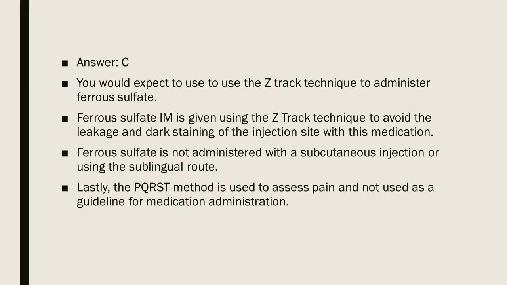Ferrous sulfate IM is given using the Z-track technique to avoid the leakage and dark staining of the injection site with this medication. Ferrous sulfate is not administered with a subcutaneous injection or using the sublingual route. Lastly, the PQRST method is used to assess pain and not used as a guideline for medication administration.